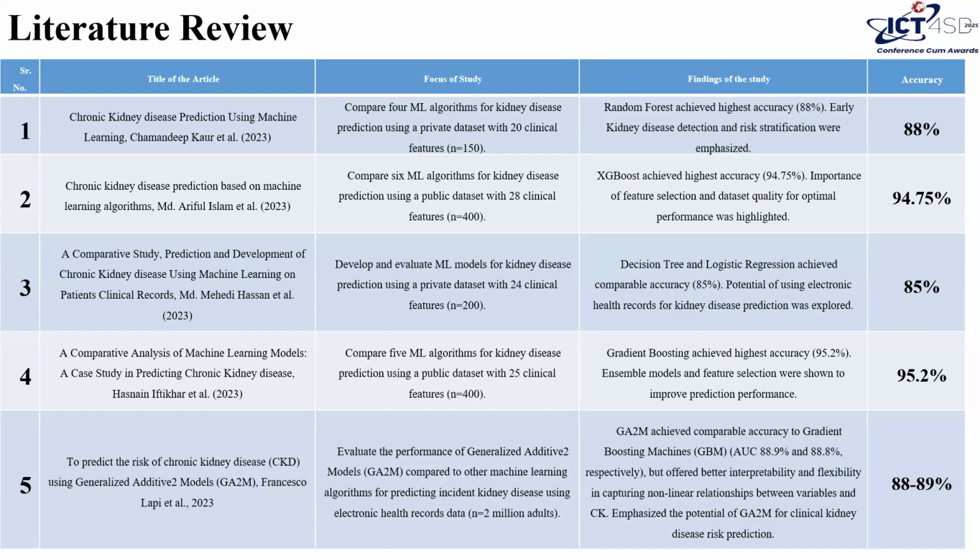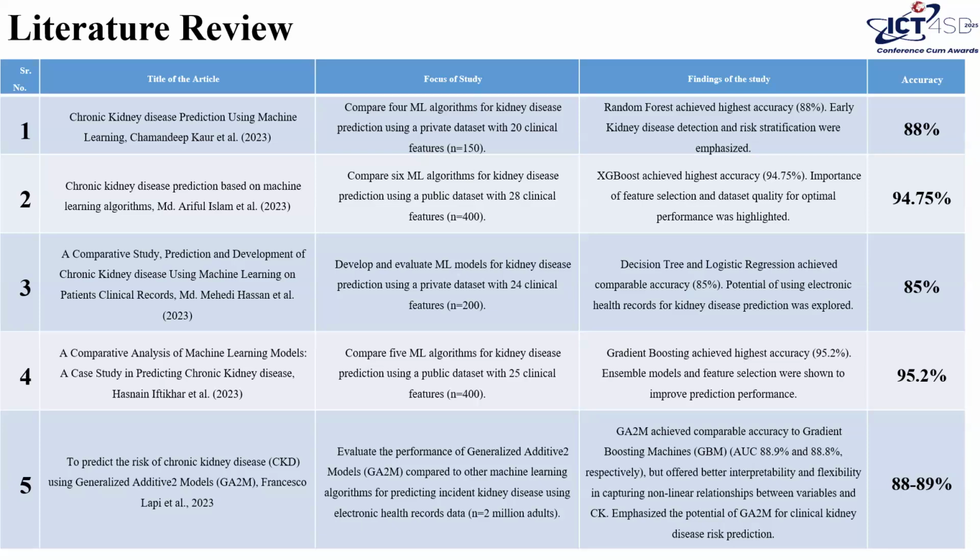Title of the article, third is a comparative study prediction and development of chronic kidney disease using machine learning on patient clinical record. Focus of study, develop and evaluate ML models for kidney disease prediction using a private dataset with 24 clinical features. Finding of the study, decision tree and logistic regression achieve comparable accuracy, 85%.